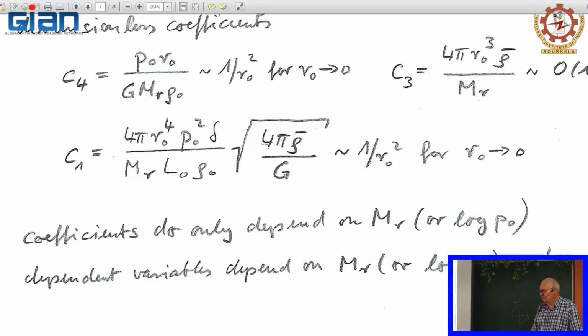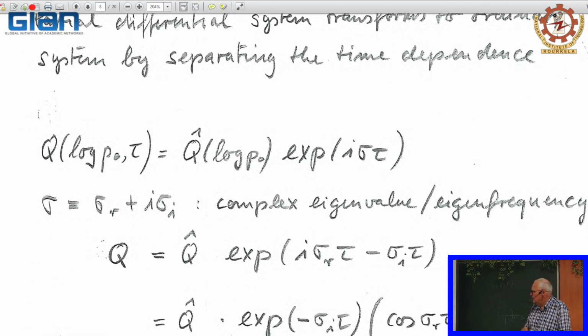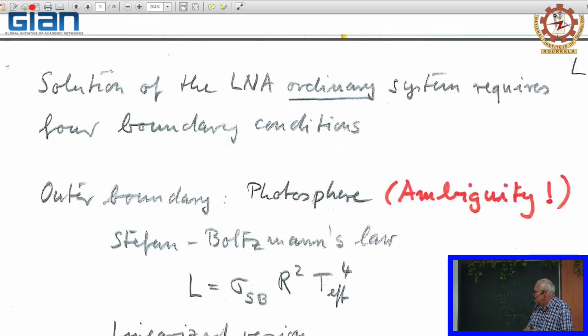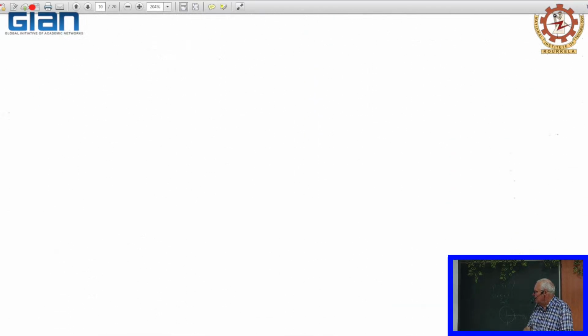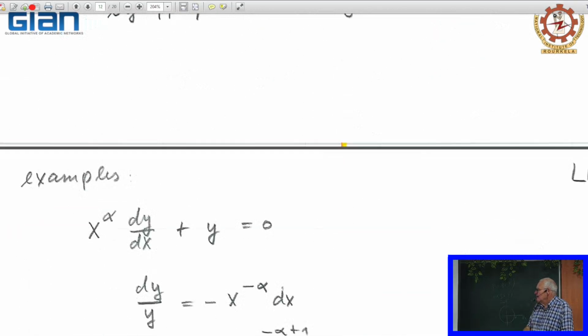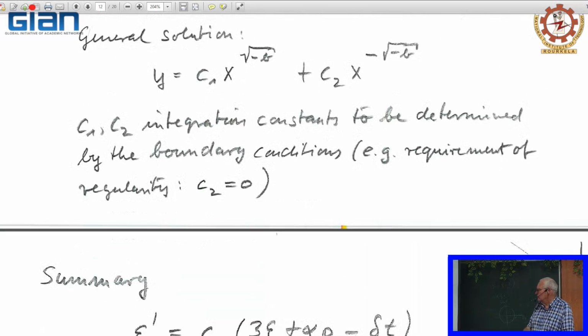Okay, let's consider what this coefficient C1 really means, how this can be interpreted within physical terms. To do this, we first consider the thermal and dynamical timescale in a local sense.